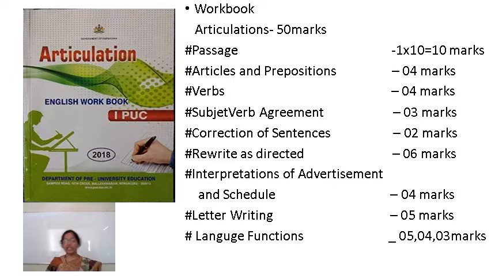Anything they can give you. According to that given advertisement, according to that given schedule in your question paper, you have to attend the answer. You have to attend the answer for 4 marks very carefully. This is called interpretation of advertisement and schedule.